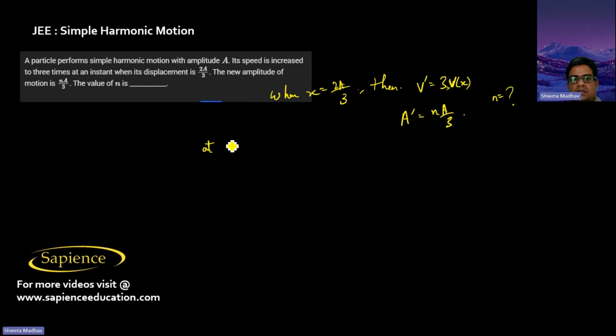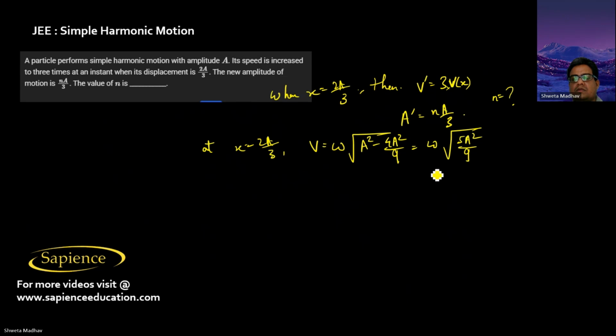So at x equal to 2A by 3, the actual velocity is given as omega root over A square minus x square, which is 4A square by 9. It is omega root over 5A square by 9, which is root 5 by 3 into A omega.